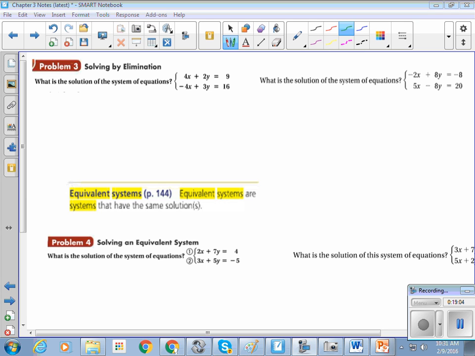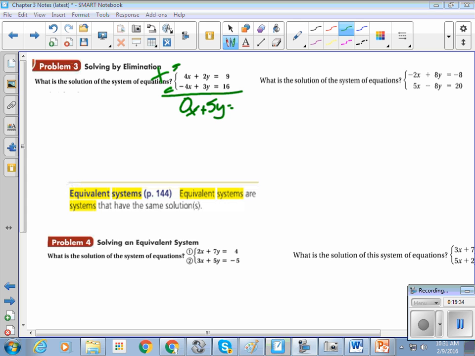If we have 4x plus 2y equals 9, and negative 4x plus 3y equals 16, I'm going to just straight up add these guys together. What is 4x plus negative 4x? 0 x's. 2y plus 3y is 5y.